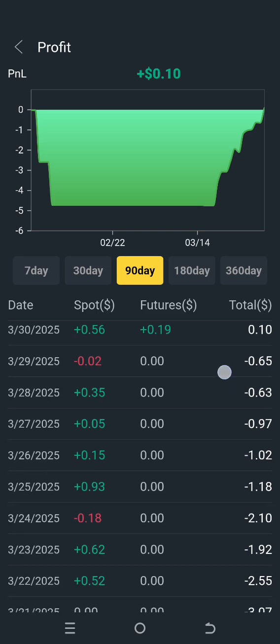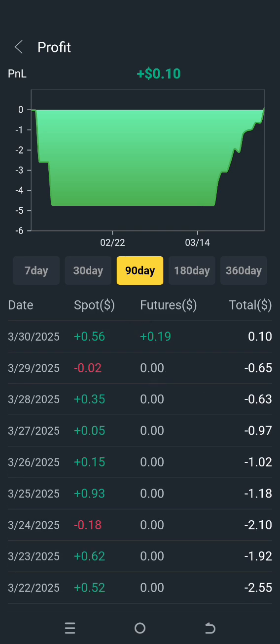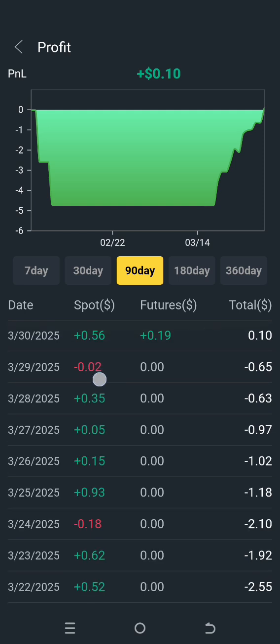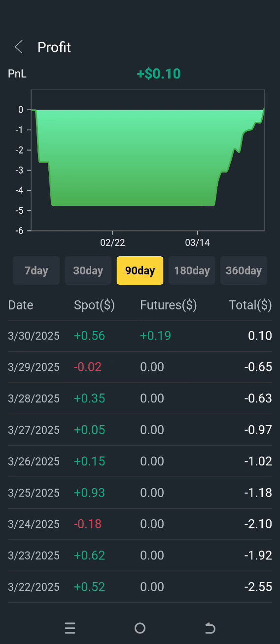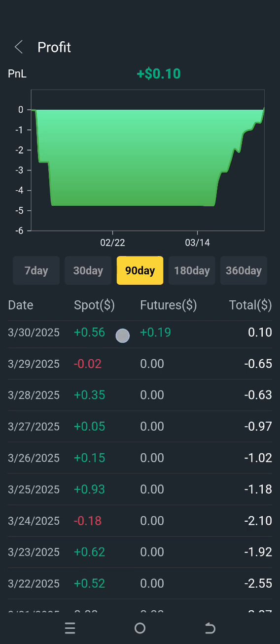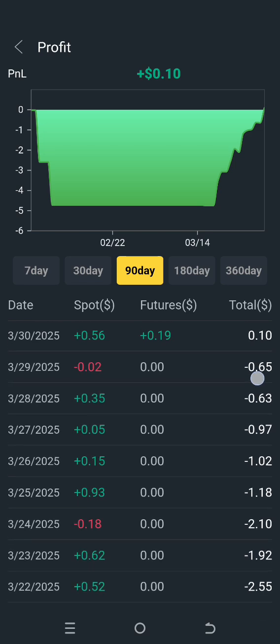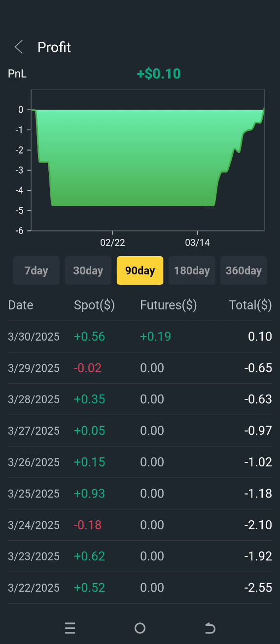So you can see here, this is 29th of March, but of course this negative 0.2 is exchange tax. That is the tax in the exchange, not in Apollo bot. Apollo bot just records it here, but it is from the exchange. Now on this date I managed to recover this negative 0.6, meaning in my real profits it is now calculating that, and now I have profits from Apollo bot of 0.10.